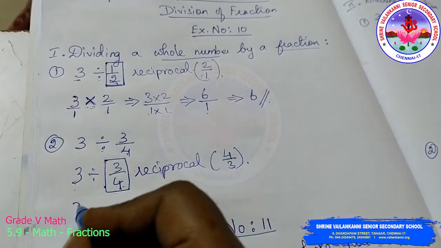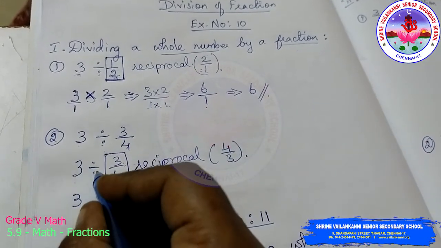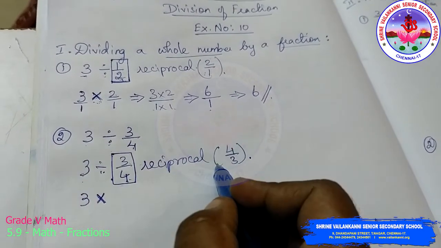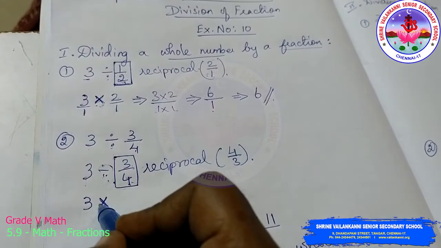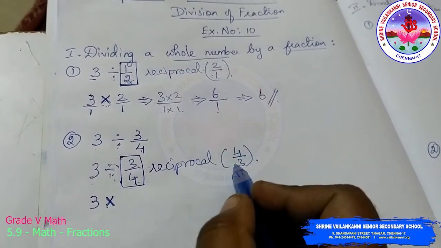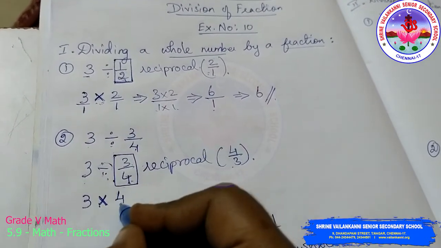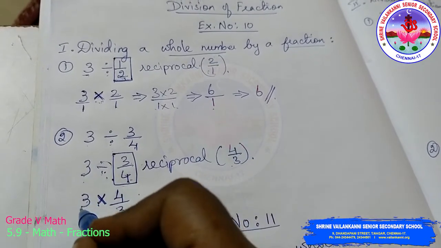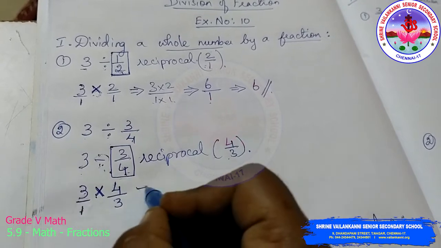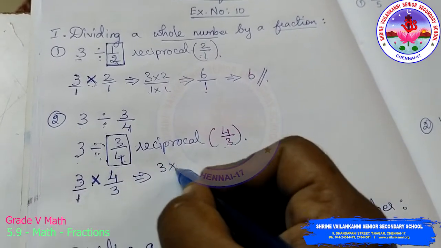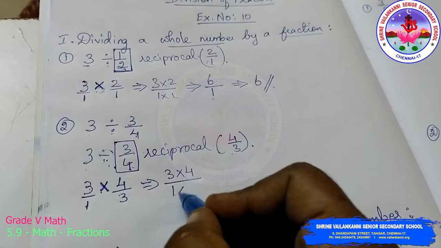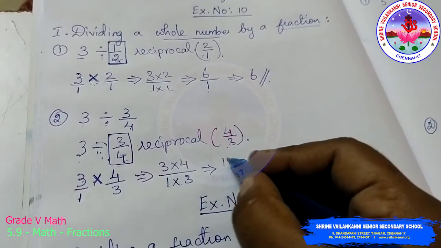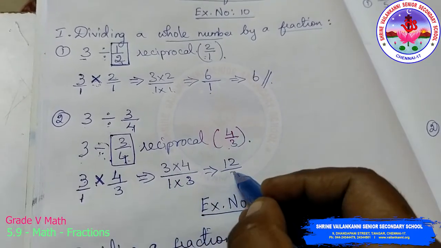Now 3, what happens to this division symbol? Into. When you do this reciprocal, the symbol changes to multiplication and you write the reciprocal value 4 by 3. And what happens to this whole number? Denominator as 1. So now 3 into 4 by 1 into 3. 3 4s are 12, 3 1s are 3.